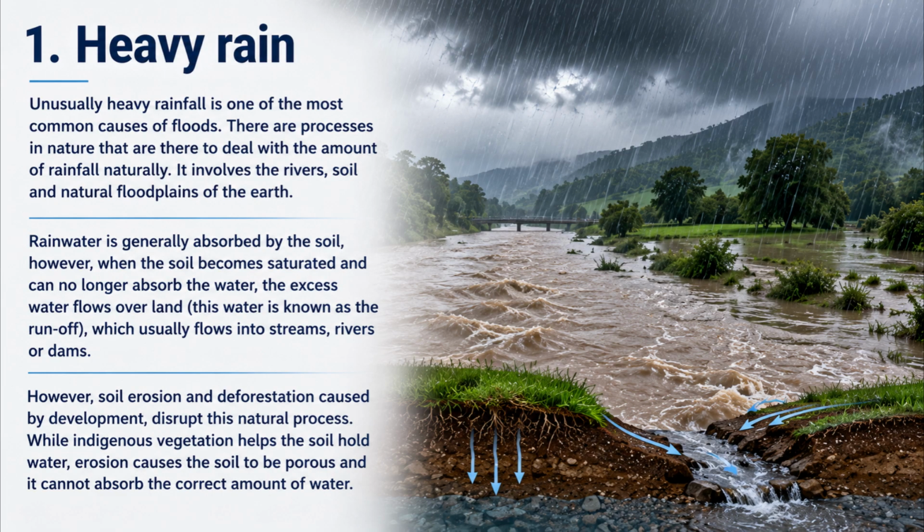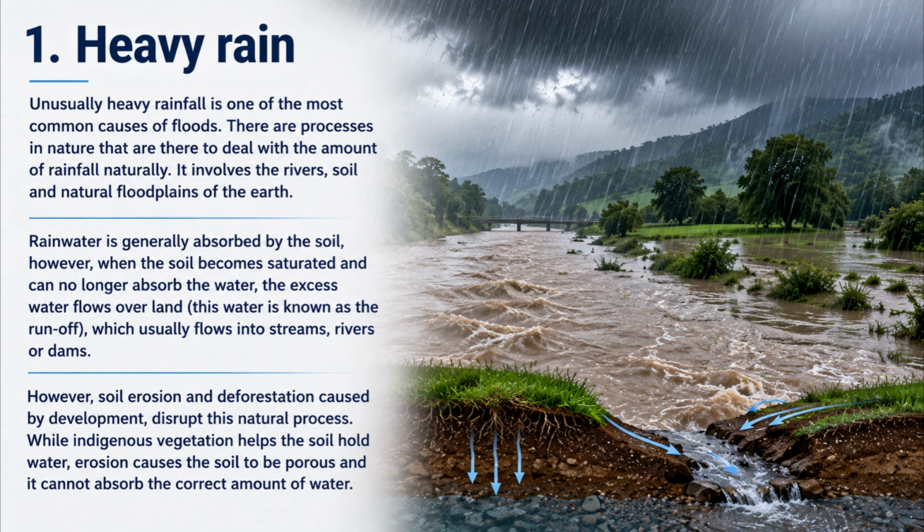1. Heavy rain. Unusually heavy rainfall is one of the most common causes of floods. There are processes in nature that are there to deal with the amount of rainfall naturally. It involves the rivers, soil, and natural floodplains of the earth. Rainwater is generally absorbed by the soil. However, when the soil becomes saturated and can no longer absorb the water, the excess water flows over land.